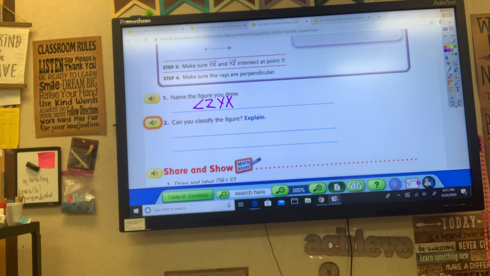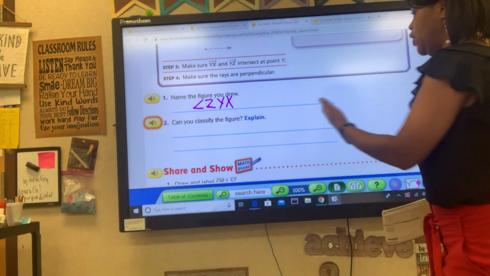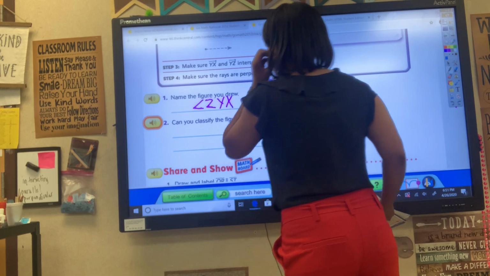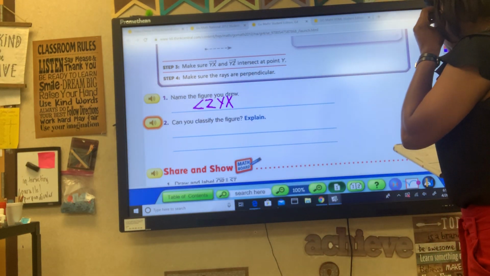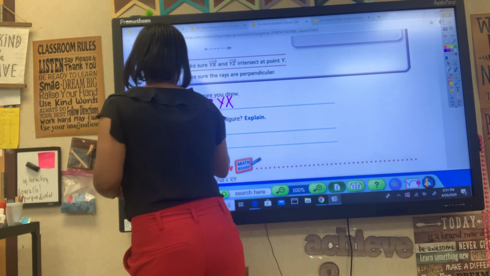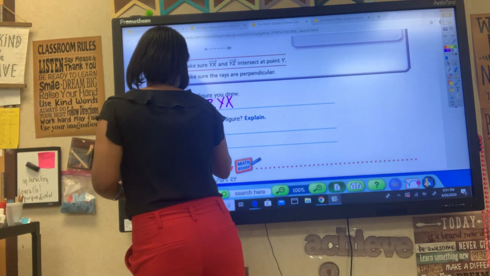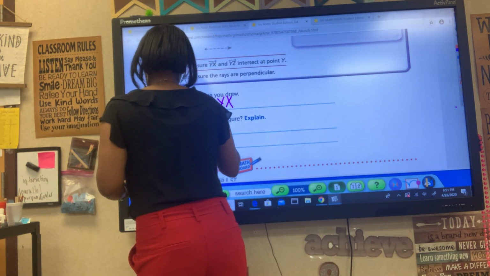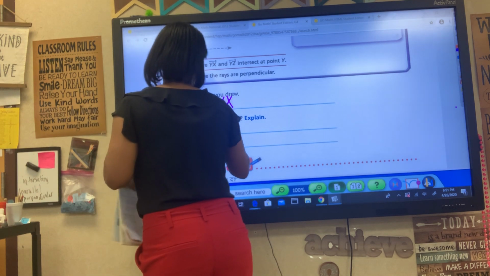When you classify the figure, you basically tell what it is. Can you classify the figure? Well, what we're going to say is angle ZYX is a right angle.